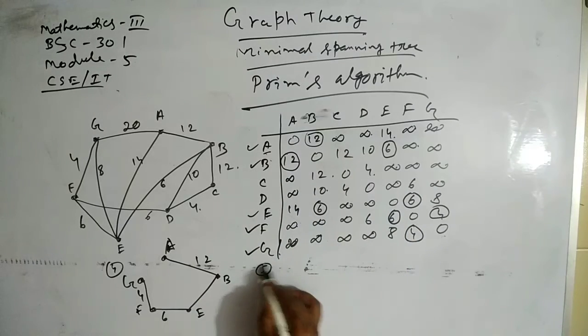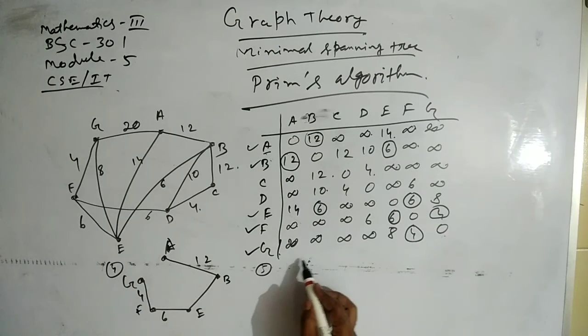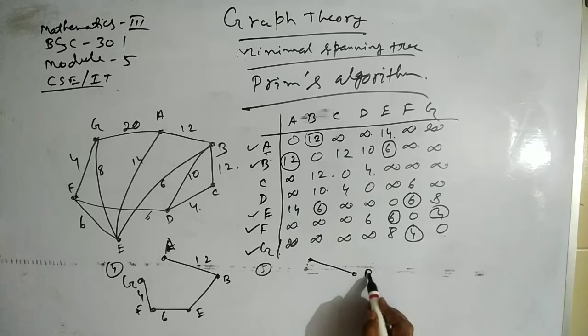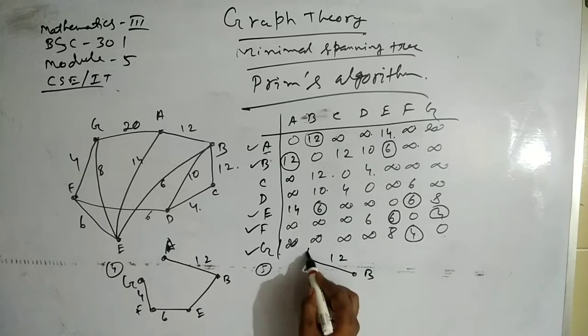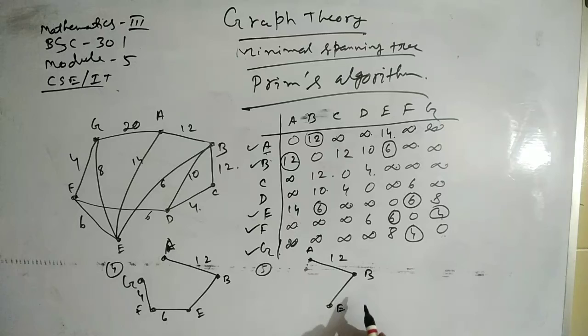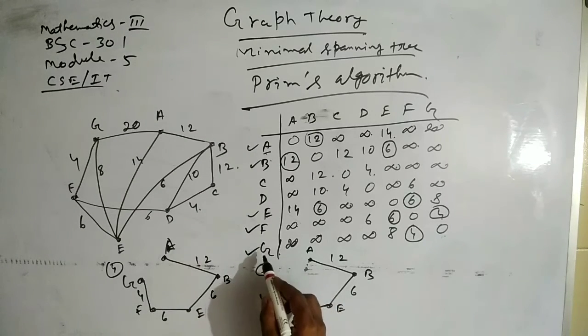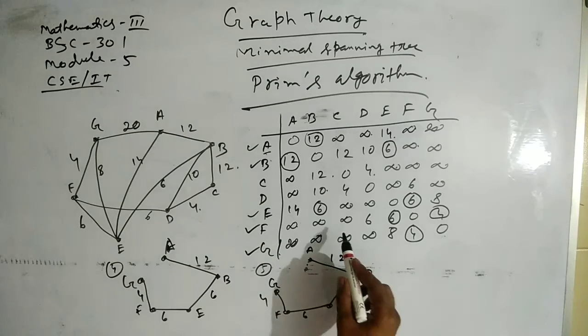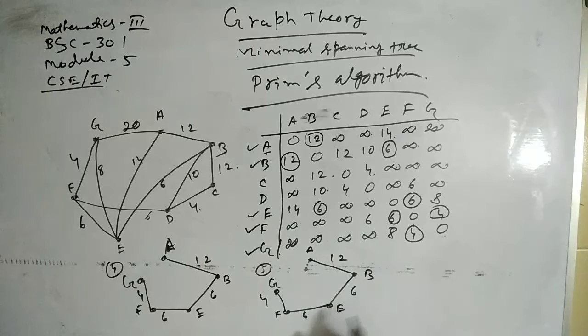So step number 5 will be AB is 12, BE was 6 and EF was 6, FG was 4. Now we choose the new edge, FD. Okay, so FD, the new vertices I am drawing.